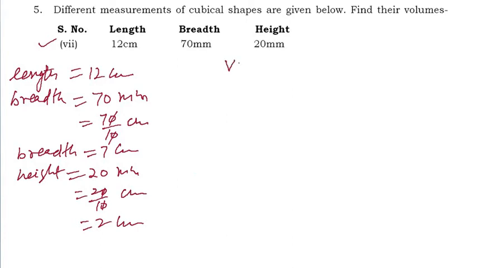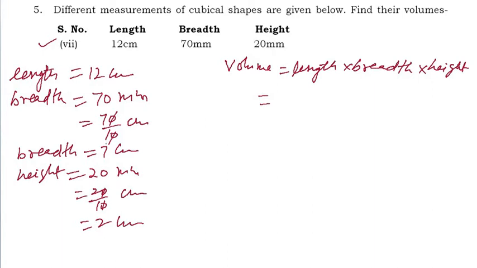Now apply the formula of volume. Volume is equal to length into breadth into height. So length is equal to how much? It is given here. Length is 12 centimeters, and breadth is 7 centimeters.